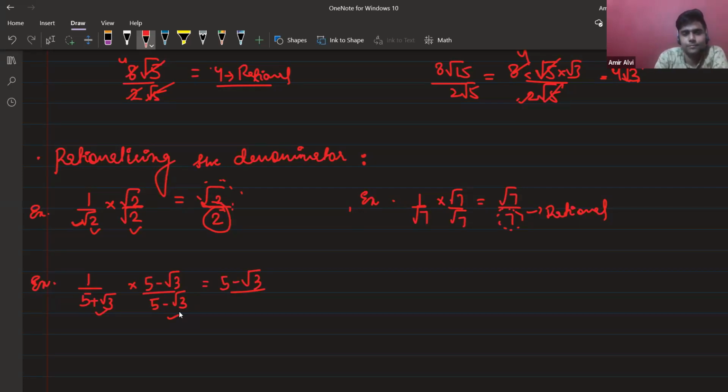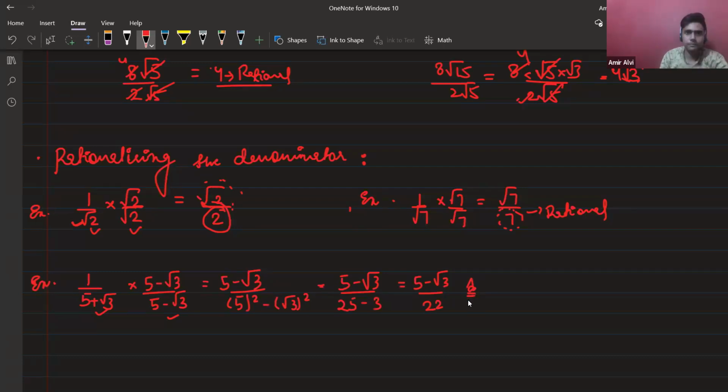A plus B into A minus B, dear. A square minus B square. So 5 square is 25, root 3 square is 3. So your answer will be 5 minus root 3 divided by 22.